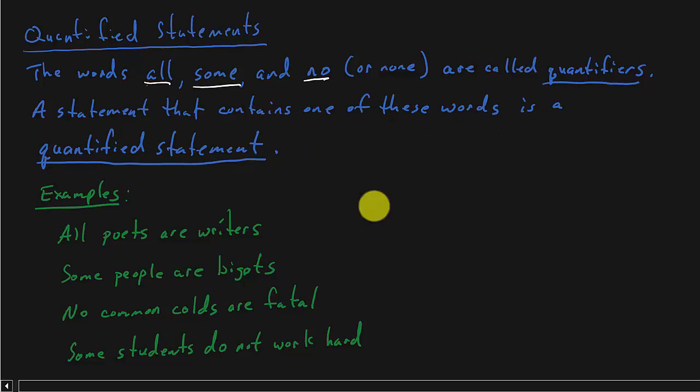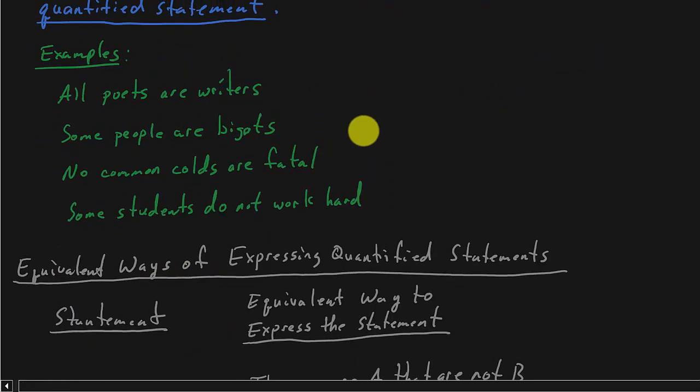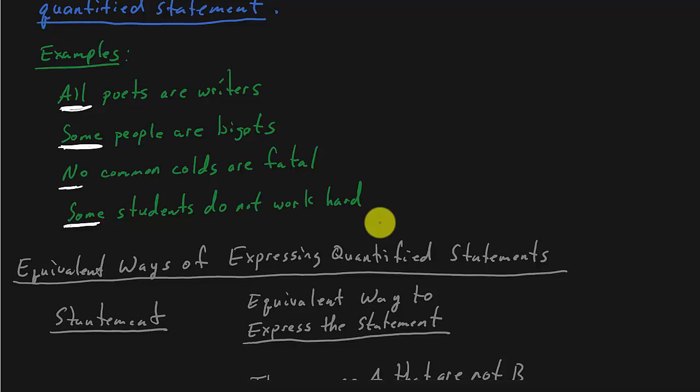Here are some examples. All poets are writers. We've got the word all there. Some people are bigots. There's some. No common colds are fatal. There's no. And then we're back to some. Some students do not work hard. Those are some examples of quantified statements.